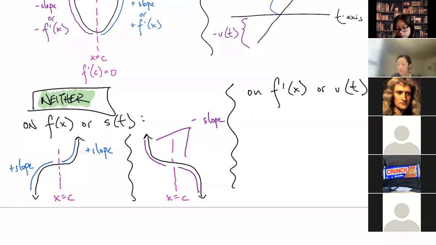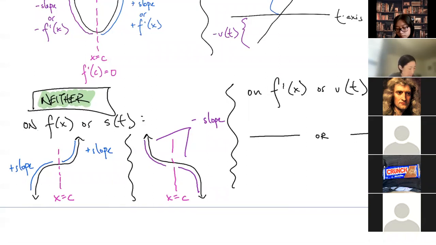I think what makes this one a little trickier is, what does this one look like on the derivative graph? Now, let's draw a few different options. This or this.